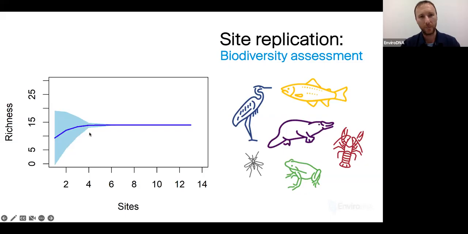We found that once we got beyond 4 sites, randomly selected from within this river system, that was enough to detect all of the species within that system. So again, we're using that data to create species accumulation curves to understand the minimum survey effort we need to achieve our goals.